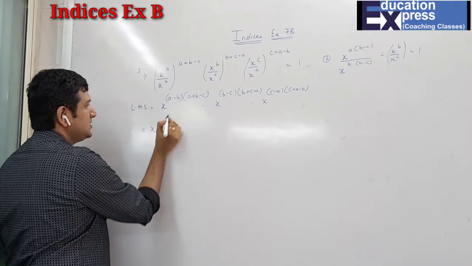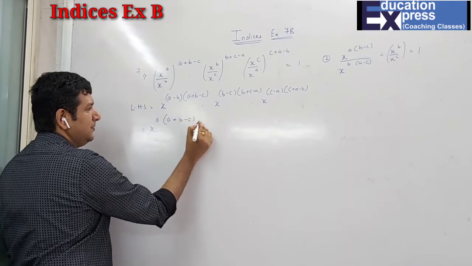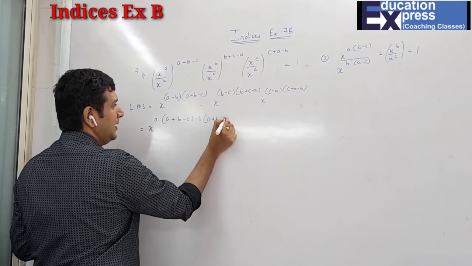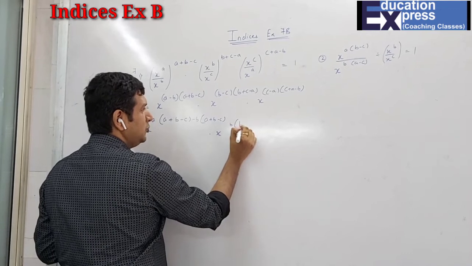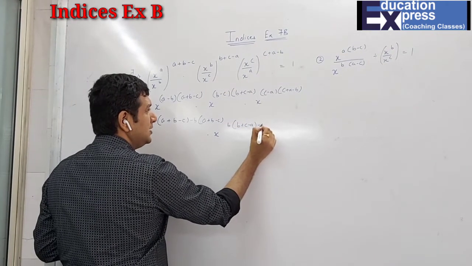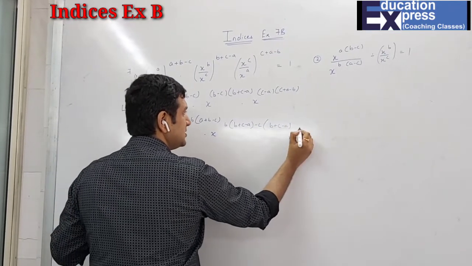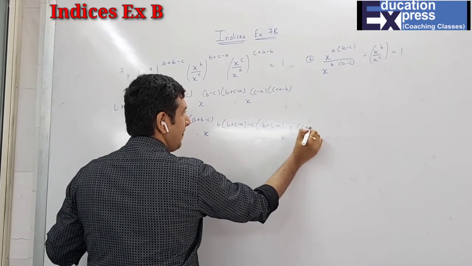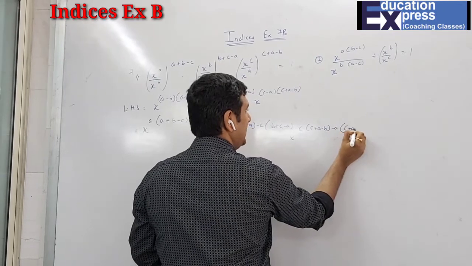That is A into A plus B minus C minus B into A plus B minus C. Then B into B plus C minus A minus C into B plus C minus A, and last is C into C plus A minus B minus A into C plus A minus B.